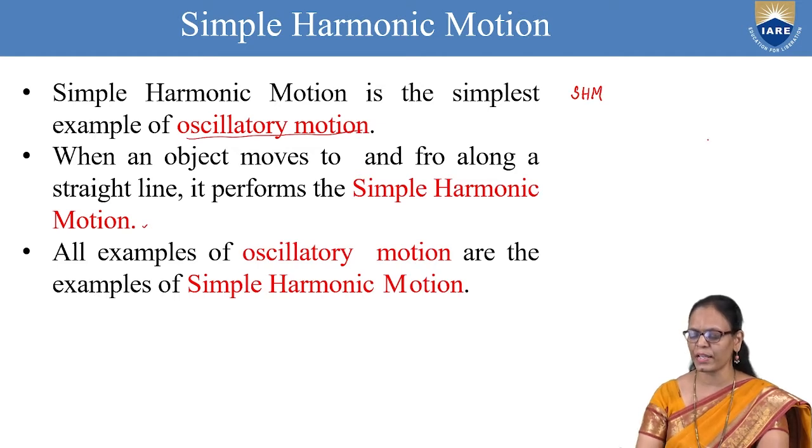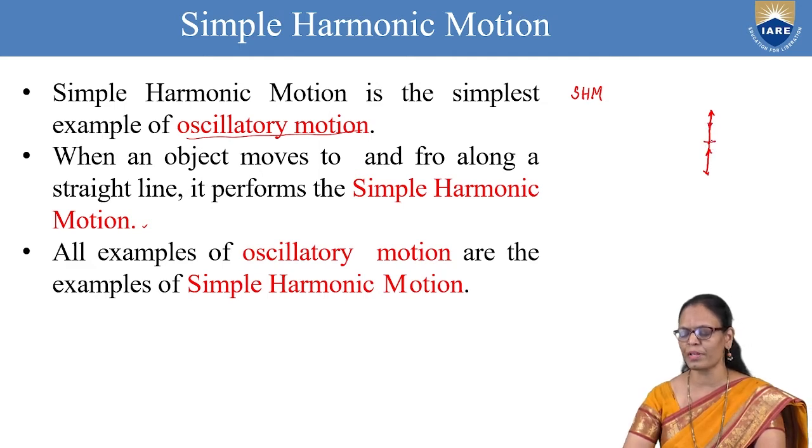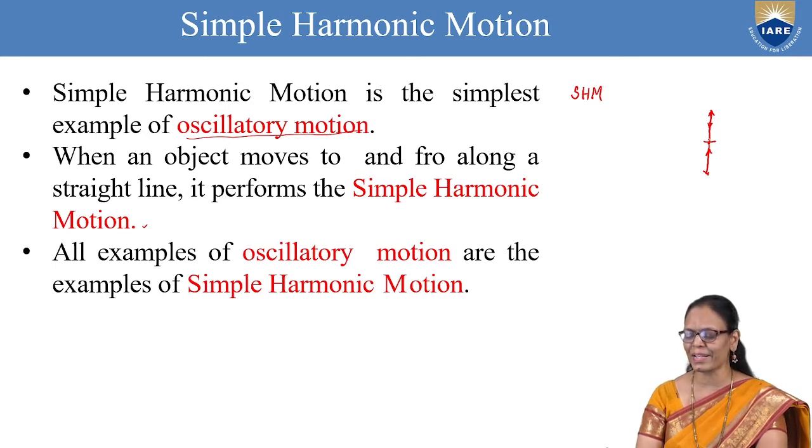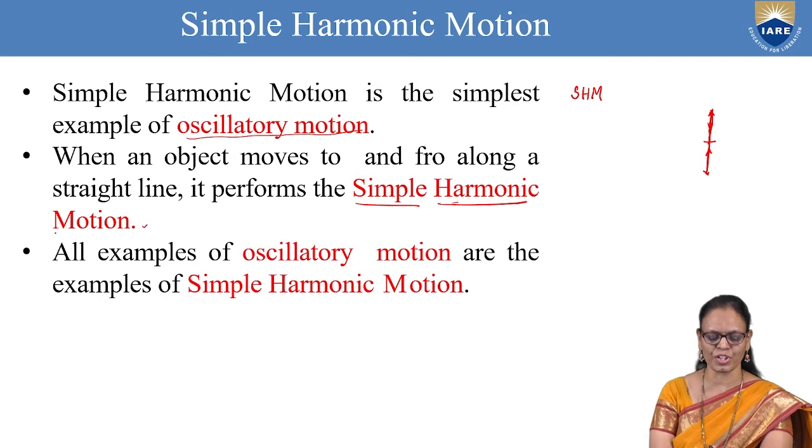So if I say there is an object which is here, it is moving along a straight line, going here, again coming back, going in the other direction, and again coming back. So this is the equilibrium position. So this is along a straight line. So here also it is making one to and fro motion, and they are periodic. So you call it simple harmonic motion.